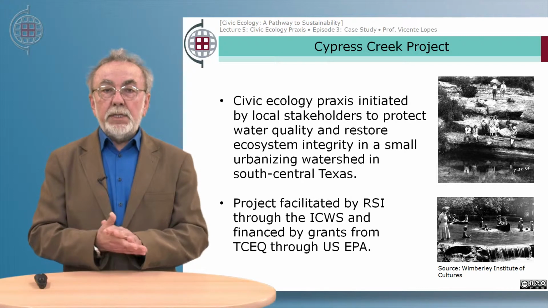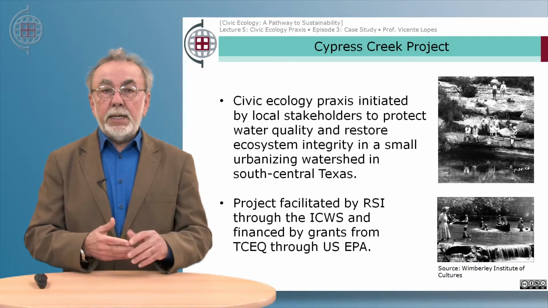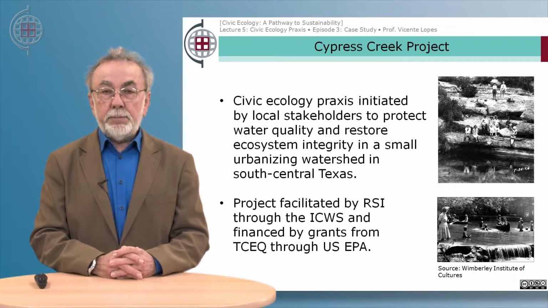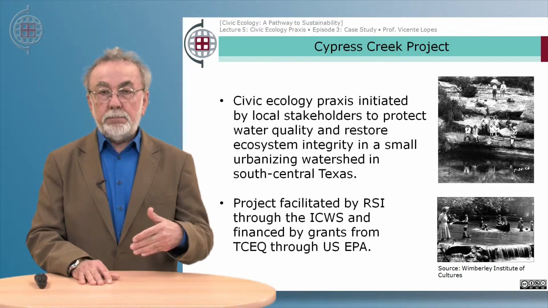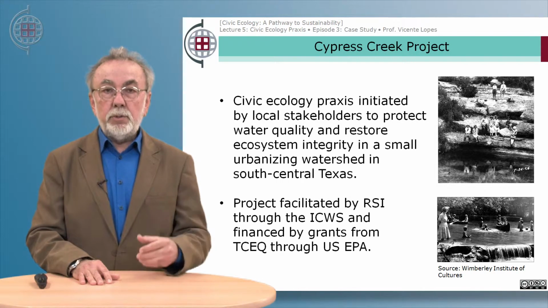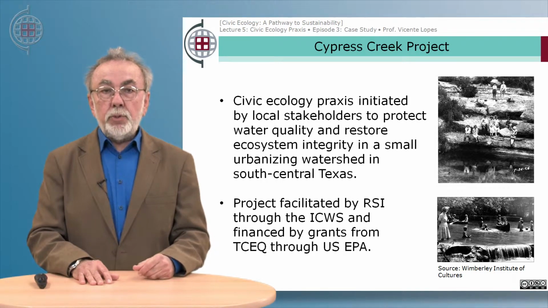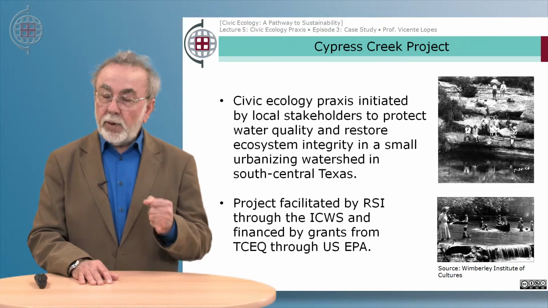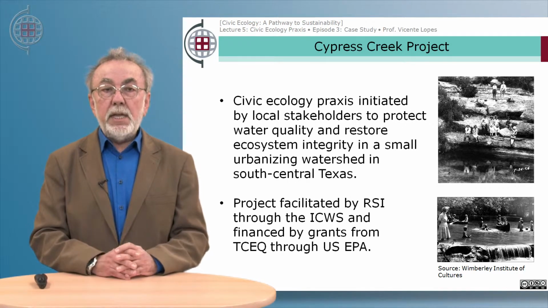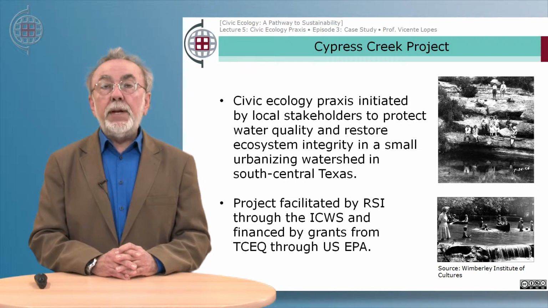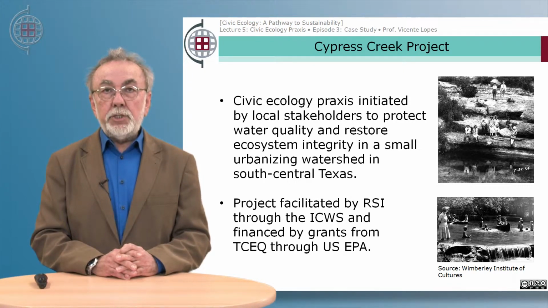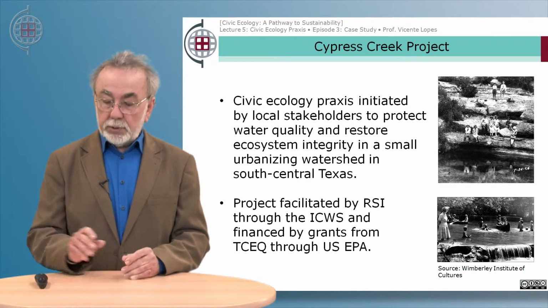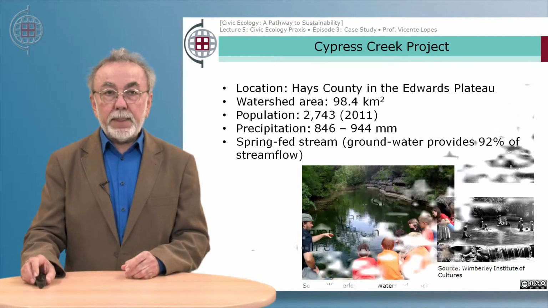This project was facilitated by the River Systems Institute, which is our primary watershed-based research institute at Texas State, through the International Center for Watershed Studies, also at Texas State, and financed by grants from the Texas Commission on Environmental Quality through the U.S. Environmental Protection Agency.